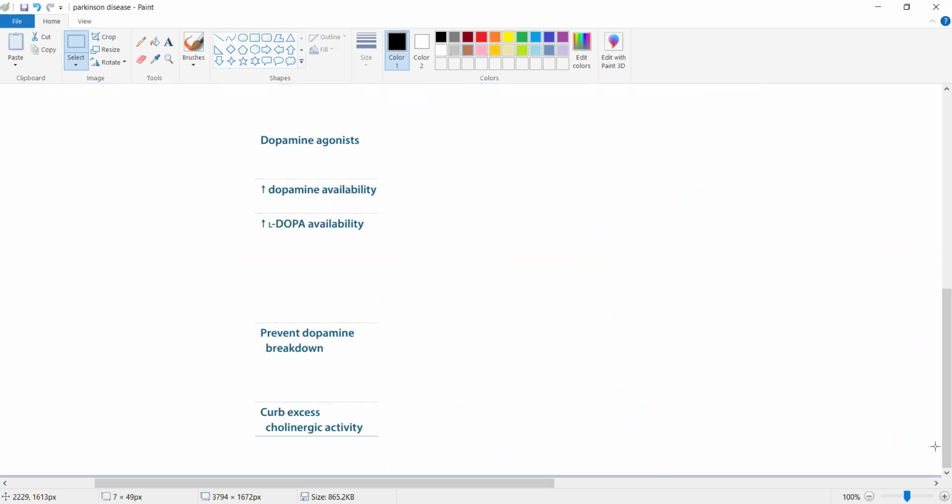Okay, so this is again a simple classification of the anti-Parkinson drugs. So can anybody tell me, dopamine agonists are divided into how many types? Two types. Good, non-ergot and ergot derivatives. Non-ergot are preferred.